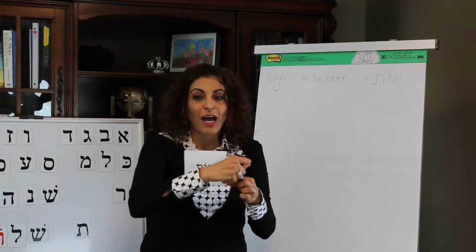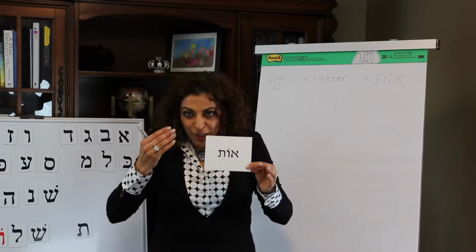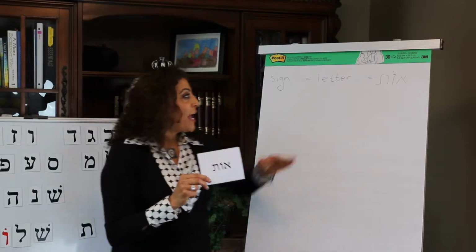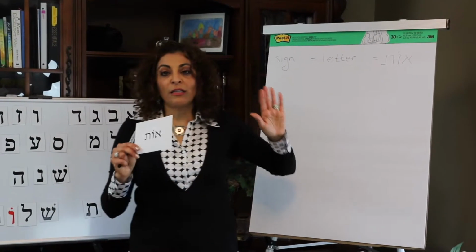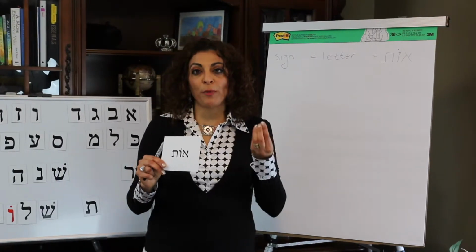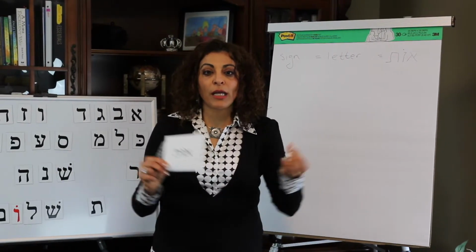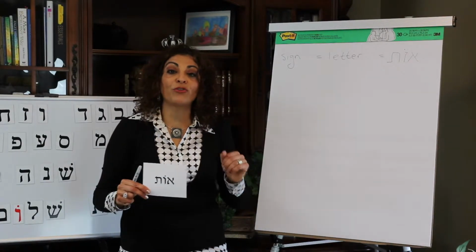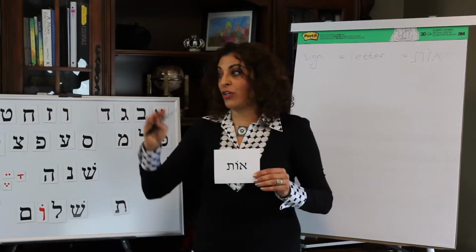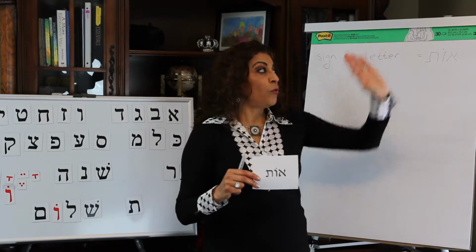Now, a second, I want to take one step even before that. The Hebrew language is not a language of accord. And what do I mean by that? It's not like a bunch of people sat together and said, okay, this is how we're going to say I, this is how we're going to say we, this is how we're going to say window.